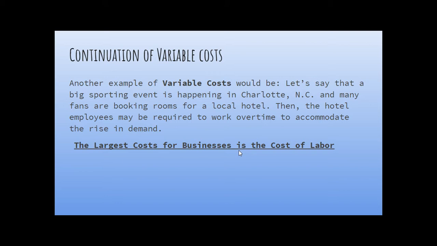Then the hotel employees may experience a rise in their hours so that they can accommodate the demand for rooms. Another point here is that the largest cost for businesses is the cost of labor.